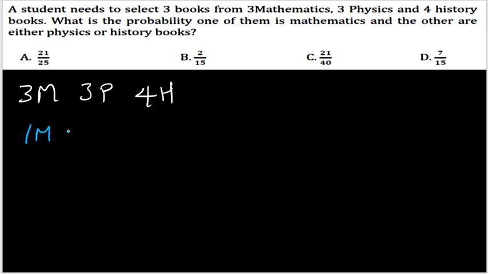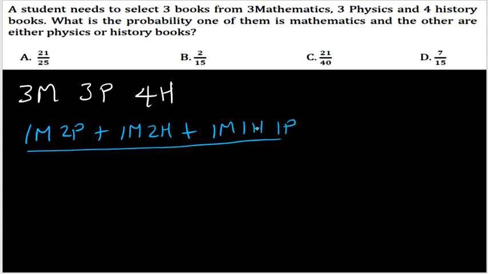That means 1 math and 2 physics possible, plus 1 math and 2 history possible, and 1 math, 1 history and 1 physics also it's possible. This is a possibility, divided by, because since we are asked the probability, the total number of books are 10, combination 3, selecting 3 from the 10 books. 10 combination 3 is 120. No need to worry about this one.